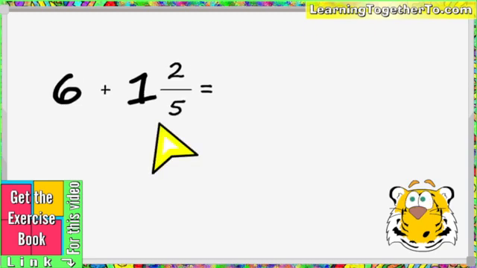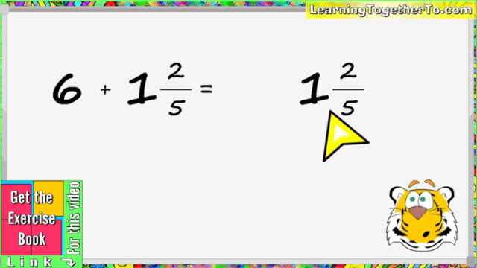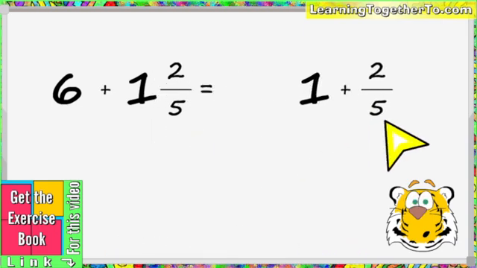Tim, we can think of 1 and 2/5 as 1 plus 2/5. We can think of all mixed fractions in this way. As a matter of fact, we did so when we solved the previous problems using method 2. We just didn't write it out. We took this step in our heads.